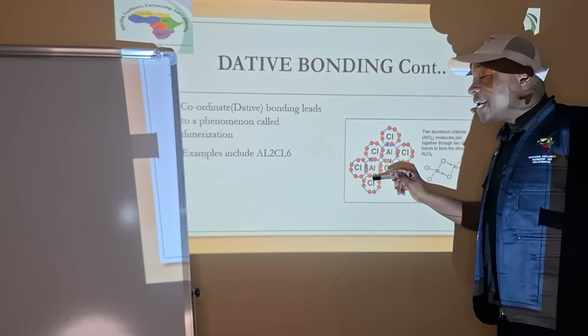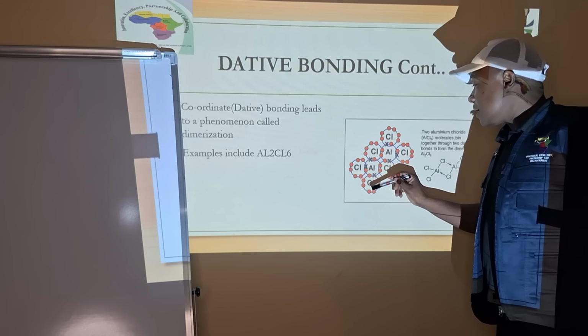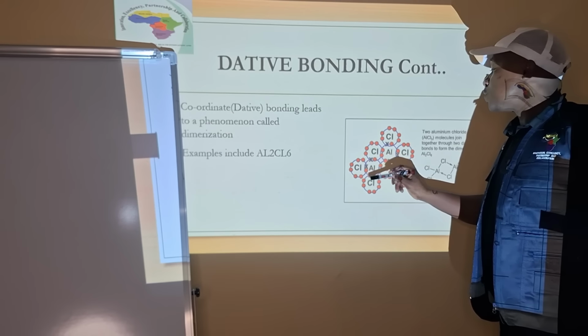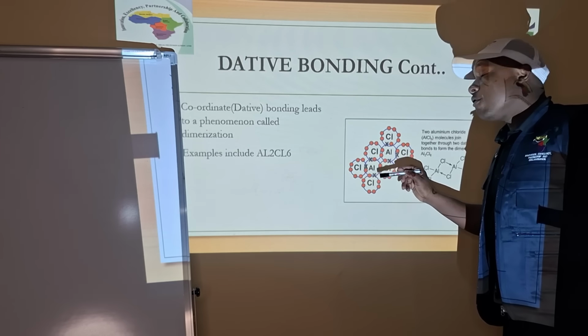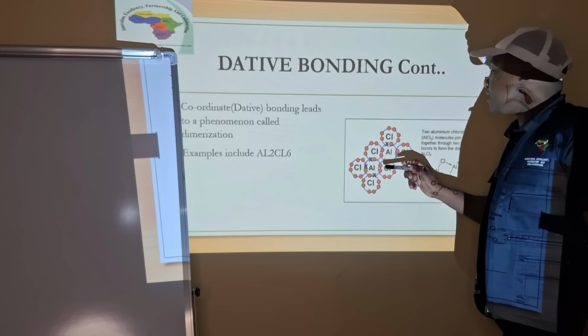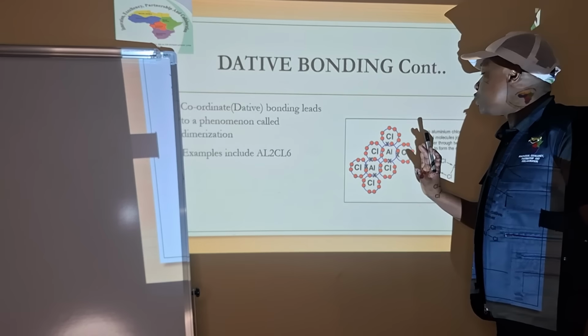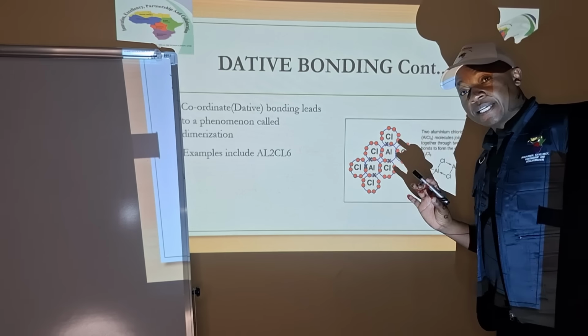Therefore, it has a tendency of attracting lone pairs of electrons which are available so that it completes its octet. So aluminium will do that by attracting a lone pair of electrons from this chlorine atom here so that it also reaches the octet state. By so doing, we have 2 molecules of aluminium chloride existing together.